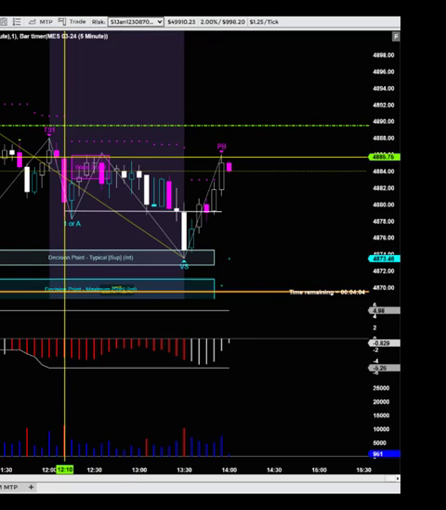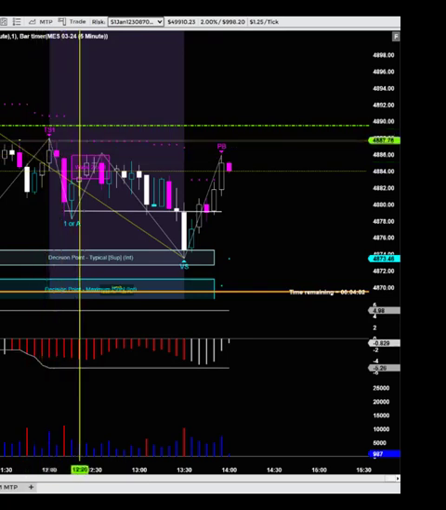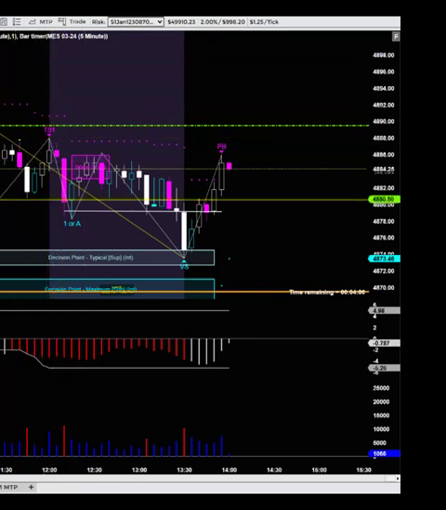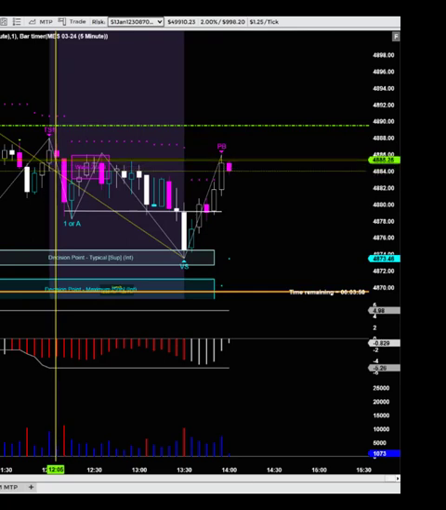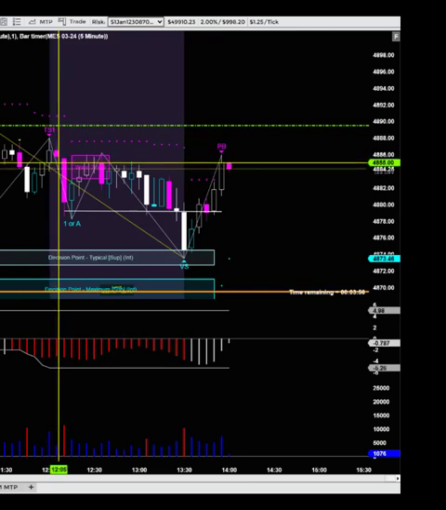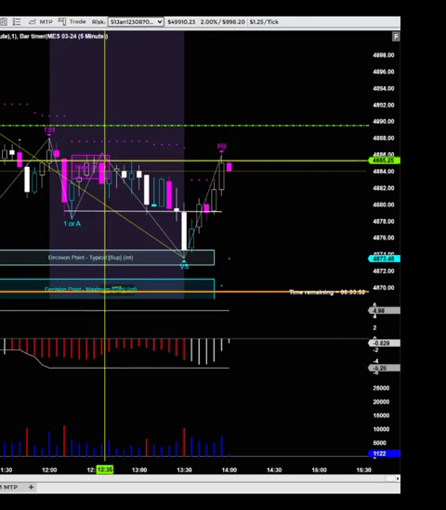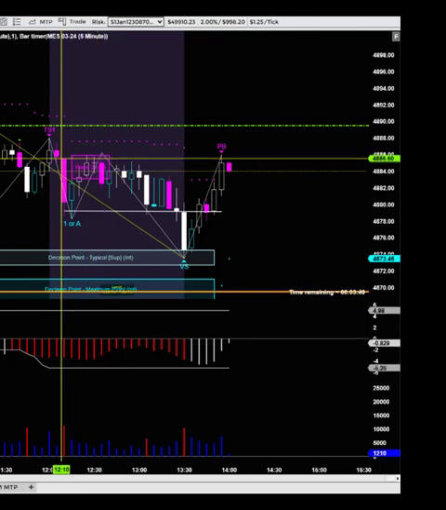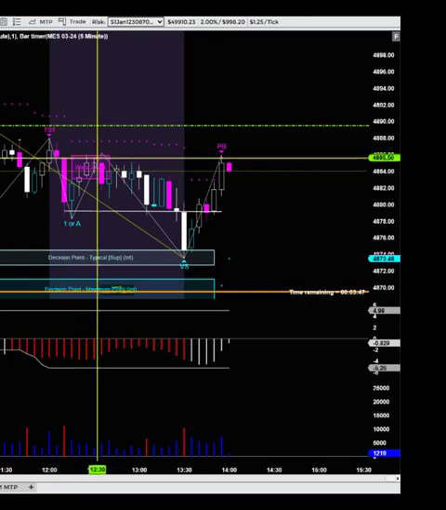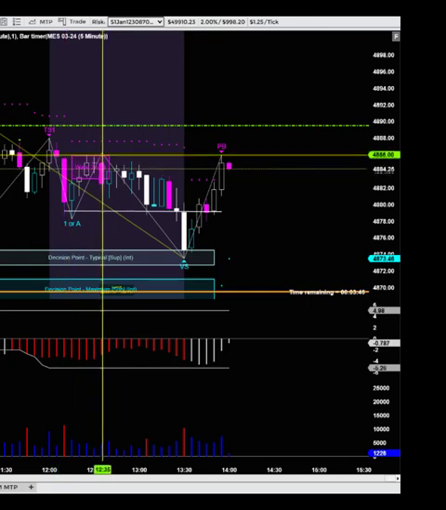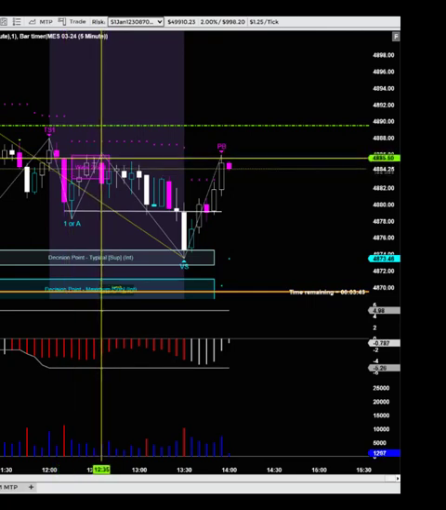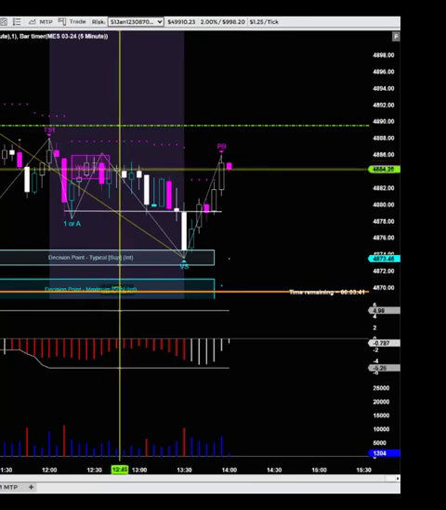Now I also showed you how you could exit off of the segment B that was up here from this move down, or how you could enter off the low of that bar. But at any rate, you do have a pullback into that same area, the same bar that violated or filled the liquidity void topped out in that box. So, another really good way to get in to the trade.